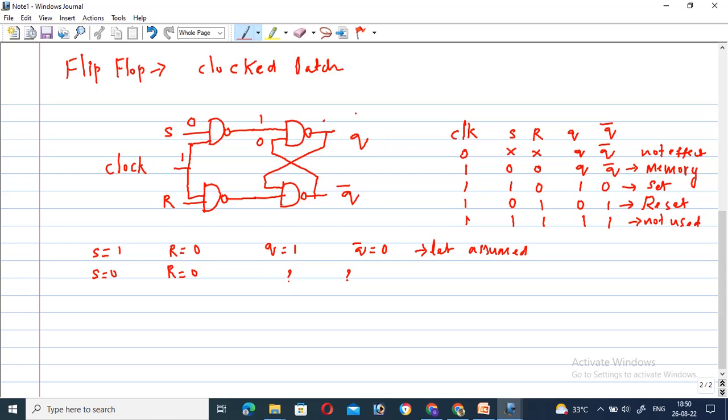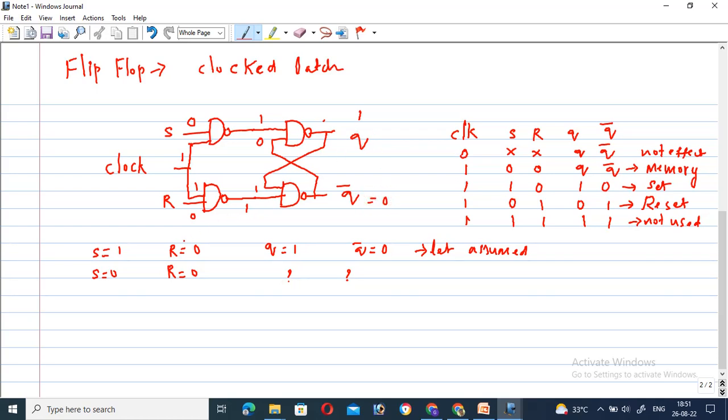Therefore Q value is equal to 1, and this Q value 1 is supplied as one input, and R value is equal to 0, clock value 1, the 1 0 combination again produces a 1, but a 1 1 consideration in the case of the NAND gate gives a value equal to 0.